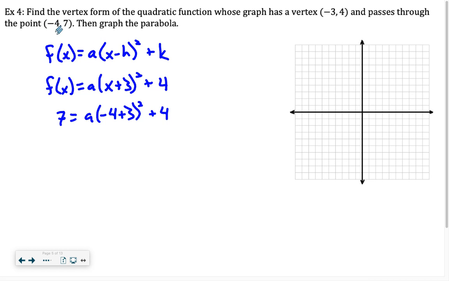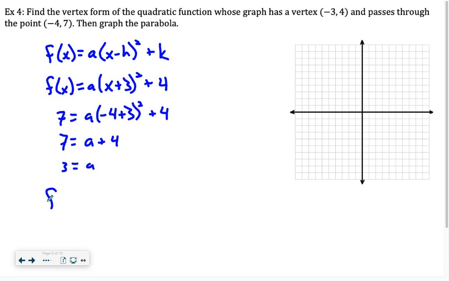I just plugged -4 in for x and 7 in for y, and now I can solve this for a. -4 plus 3 is -1, and -1 squared is +1. So this is just 1a plus 4. Subtract the 4 over, and we get that a is equal to 3.